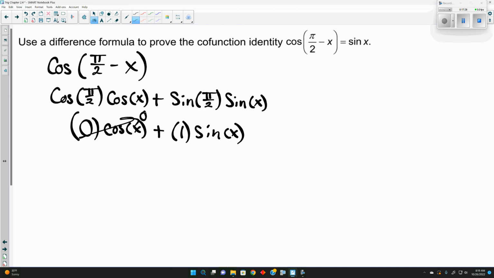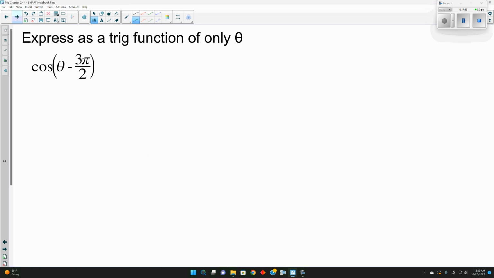It's gone. 1 times sine is just sine of x, so cosine of pi over 2 minus x is the same as sine of x. And we use this a lot, especially in geometry. You may not think of it this way, because pi over 2 in degrees is 90. Cosine of 90 minus x is the same as sine of x. So that's all we're looking at there.